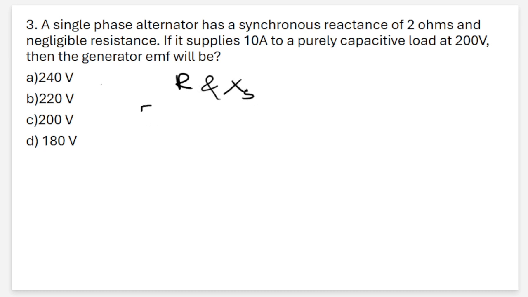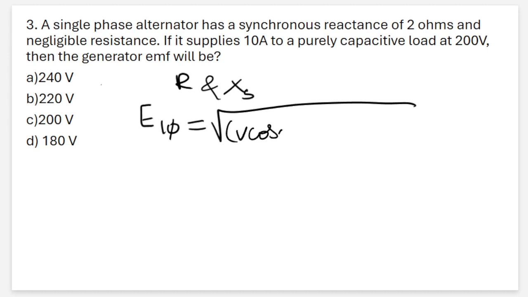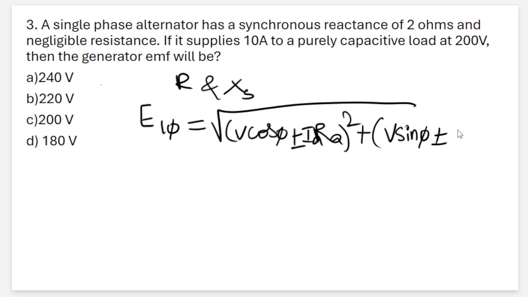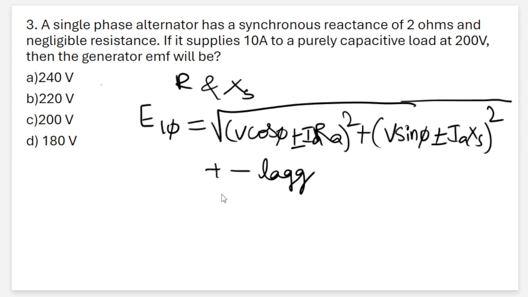E single phase is equal to under root of (V cos phi plus or minus Ia Ra) whole square plus (V sin phi plus or minus Ia Xs) whole square. Here the plus sign is used for lagging power factor loads and the minus sign is used for leading power factor loads. Here the generator supplies a capacitive load.